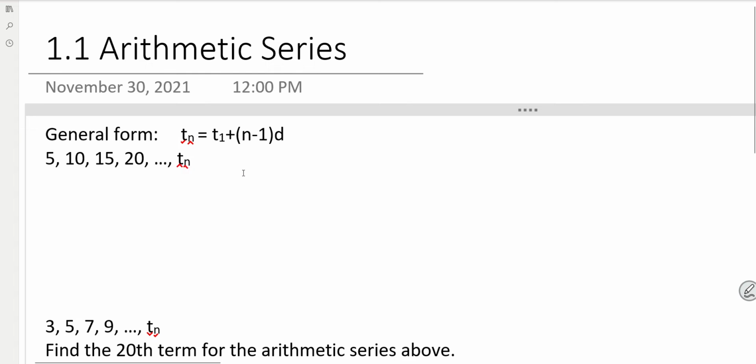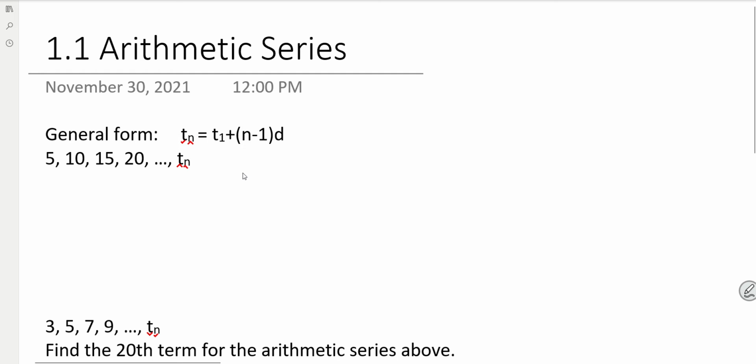Basically what we're going to be doing is looking at this and saying, okay, this first point is T1, that's the 5. The second point is T2, T3, T4, and so on, all the way to Tn, meaning our nth term at some point. We can go to any term.